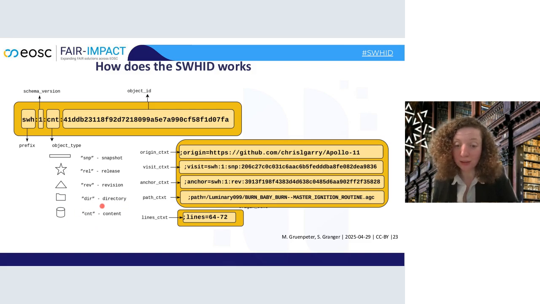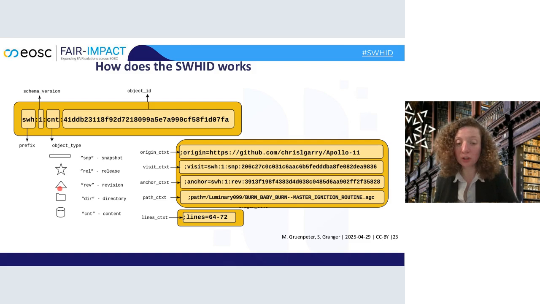We have the directory with the IR, and this is the one that we are recommending using in academia, because this is the actual SWHID that's reproducible and doesn't depend on external infrastructure like Software Heritage. So you can compute it on your machine very easily.